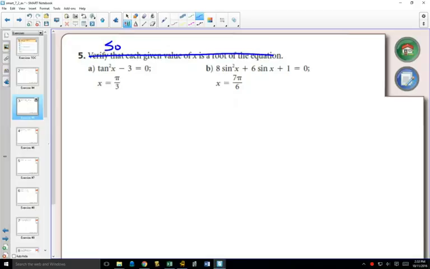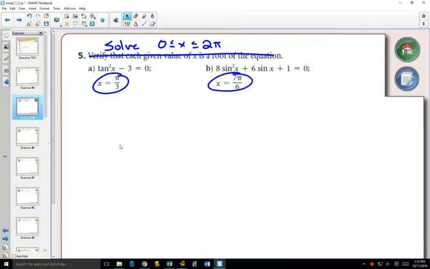Instead, I want you to solve between 0 and 2 pi. Okay? And you can ignore this and this. That will be one of the answers, but I want you to solve all of the answers between 0 and 2 pi.